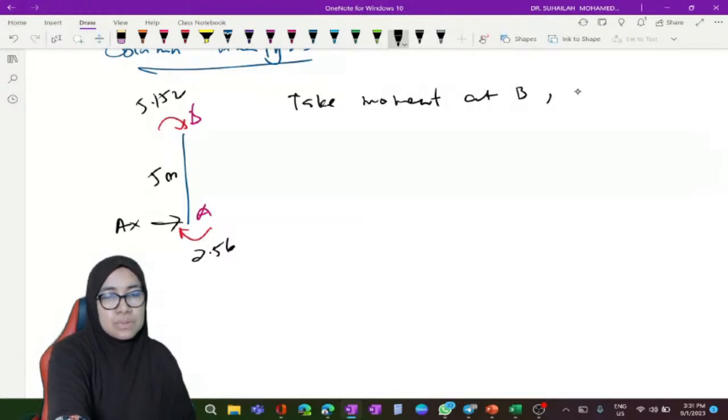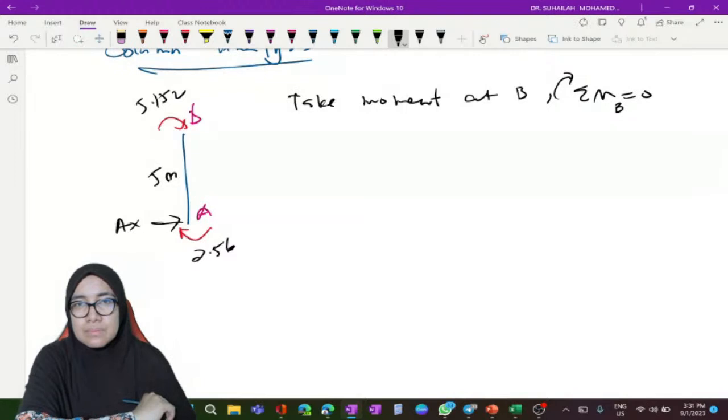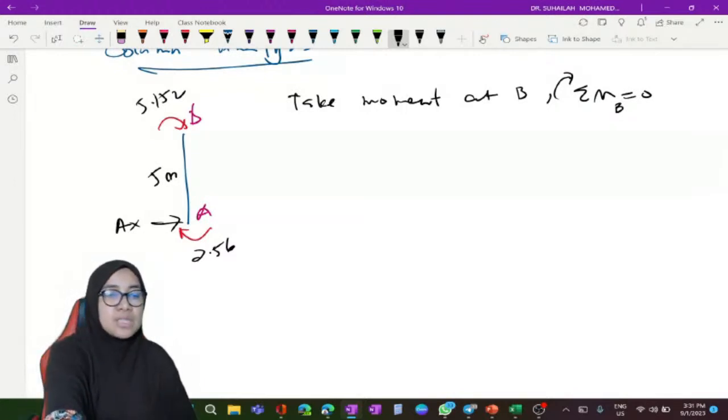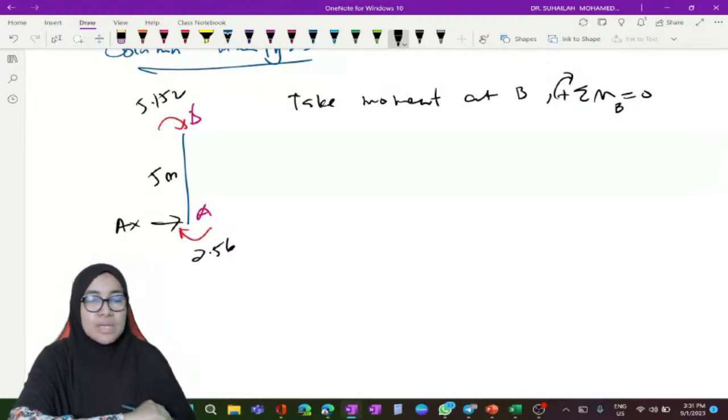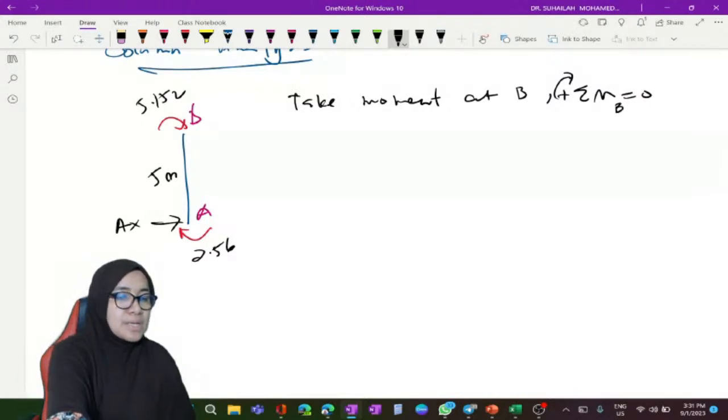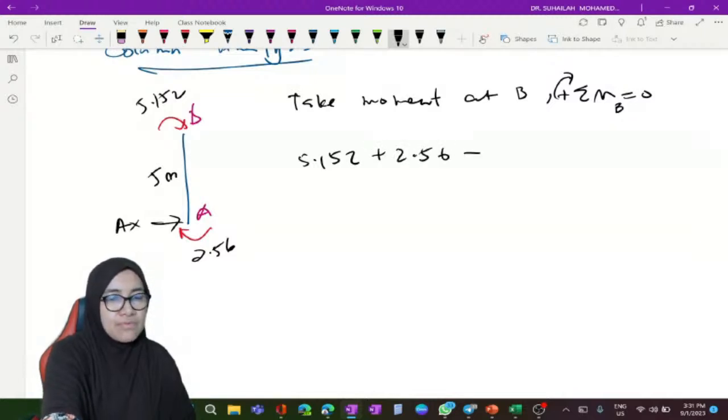So the sum of moments at B is equal to 0. Clockwise is positive. So it is 5.152 plus 2.56 minus 5 AX equals 0.